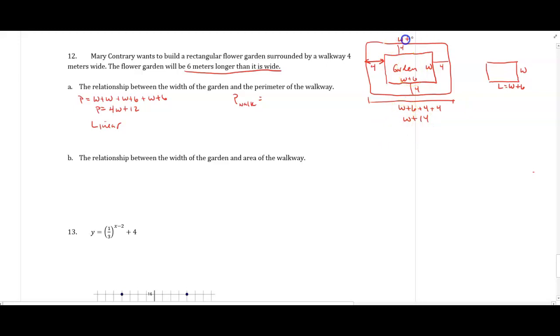This here is going to be W plus 8. This here would be W plus 8.